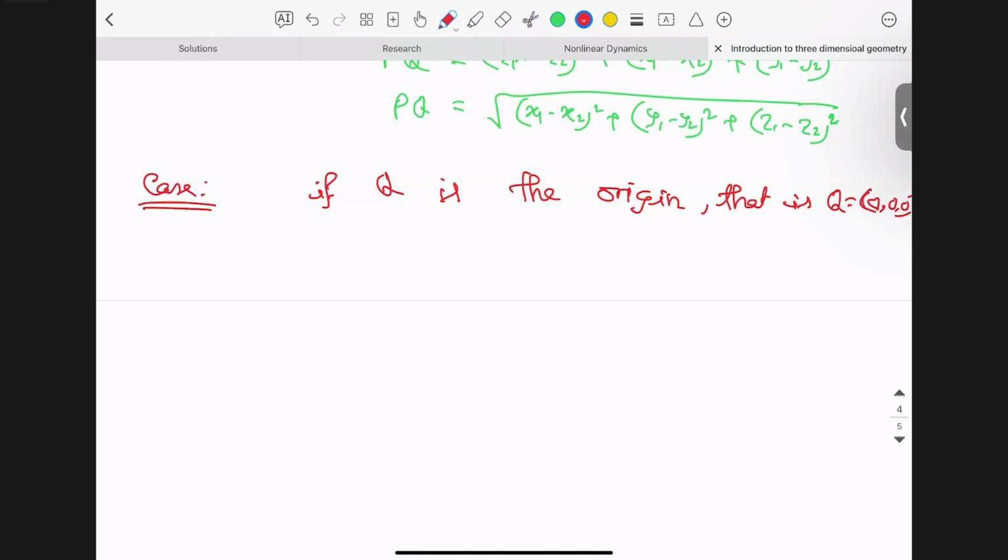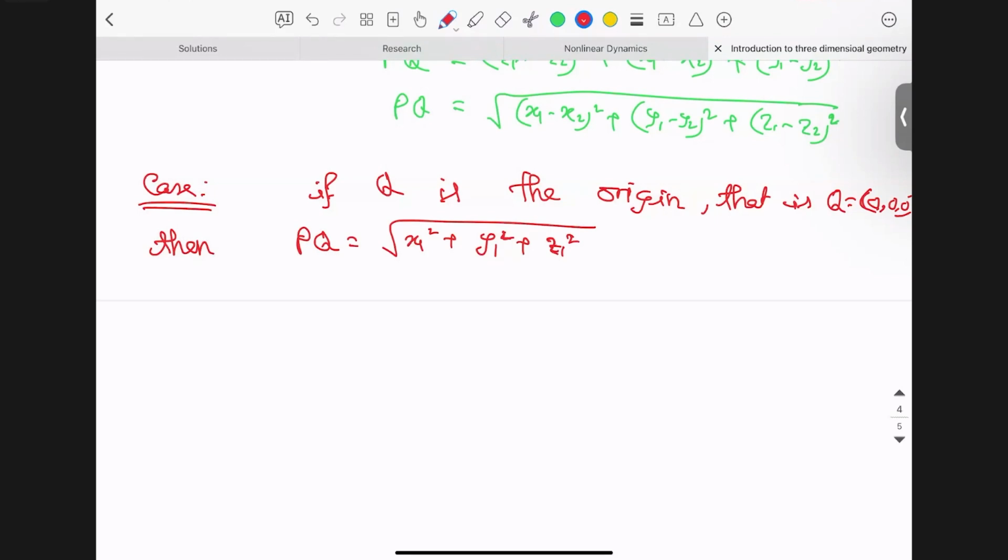Then this PQ becomes, in place of x2, y2, z2, put 0, 0, 0. So we get x1 squared, y1 squared, z1 squared.